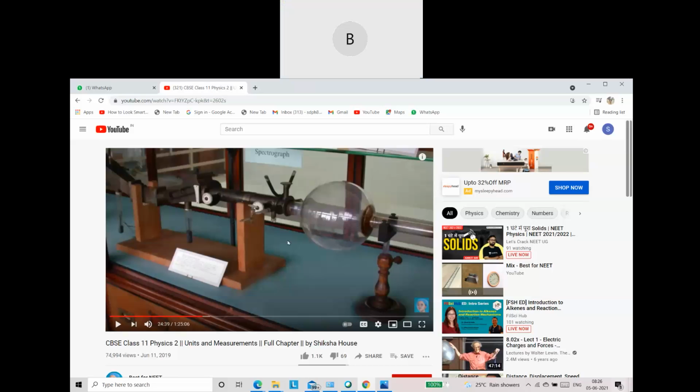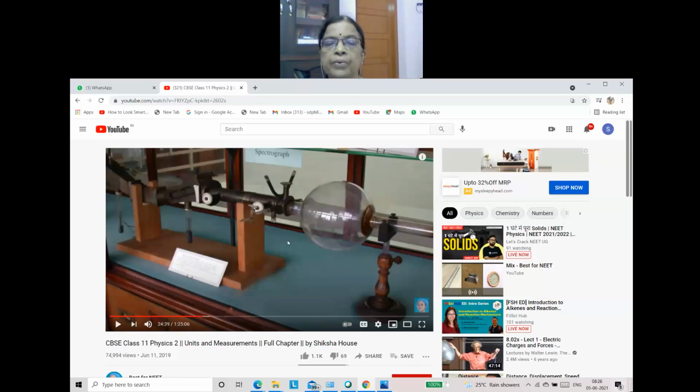Electrons are revolving, and protons and neutrons are at the center. Proton and neutron inside the nucleus, and electrons are revolving around it. These are subatomic particles, the particles inside the atom: electron, proton, neutron.